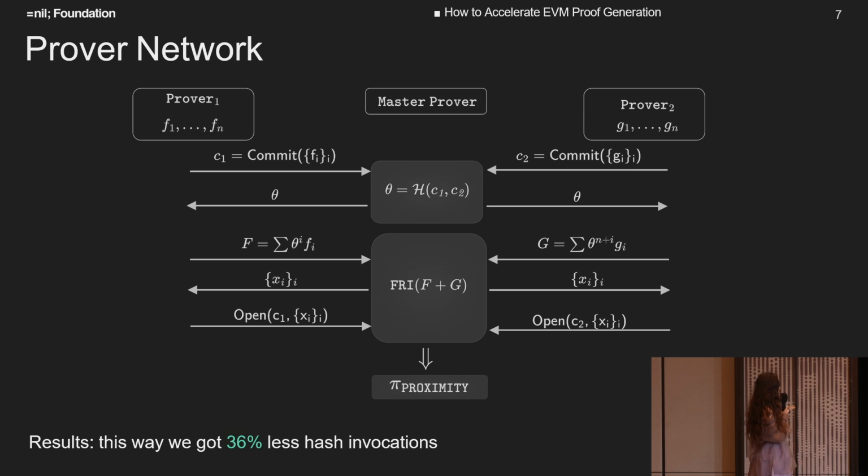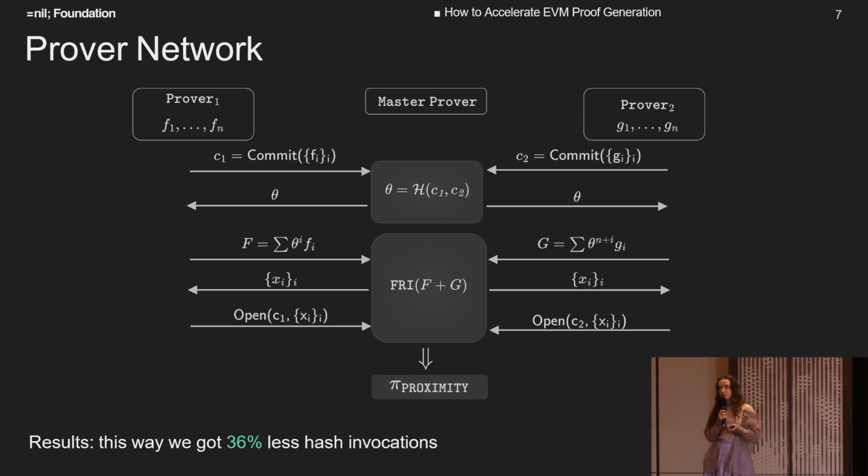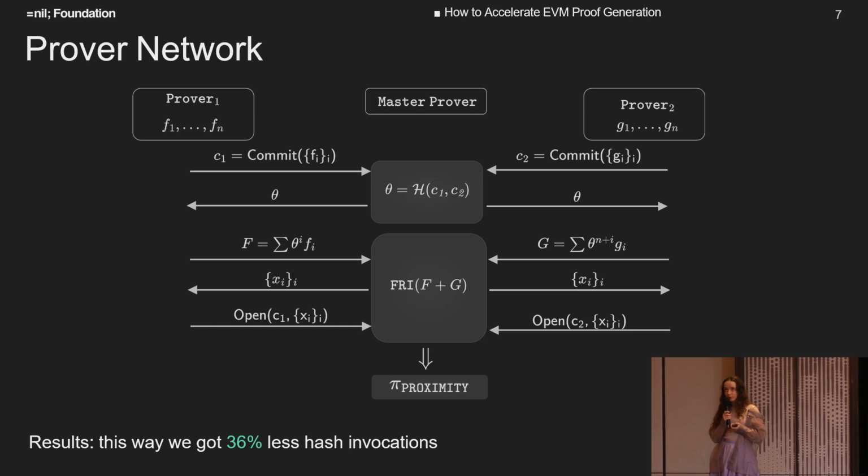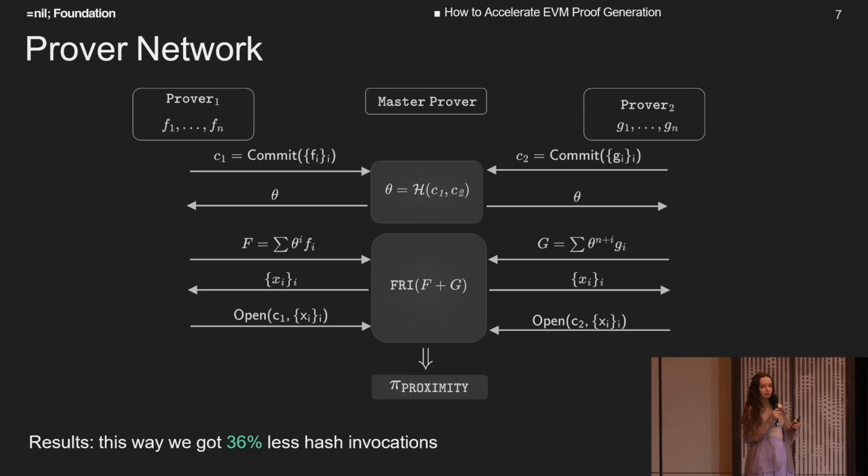Our usual prover is just a ZK prover. And we have a new entity, the master prover. You can combine the master prover with a usual prover, with extended functionality, or you can run it separately. It doesn't matter, but for clarity, in this picture I separated them.